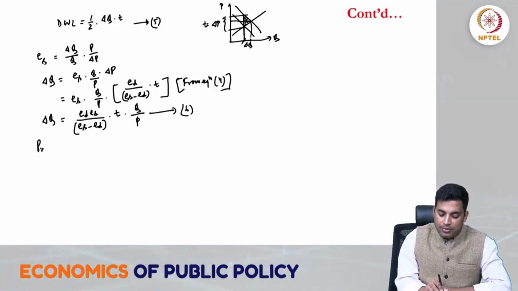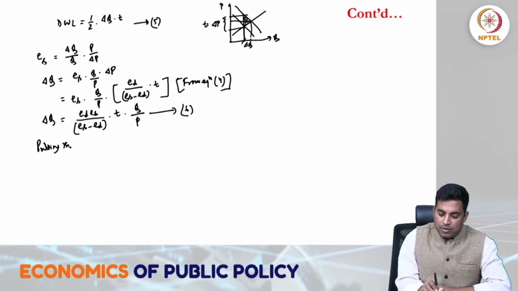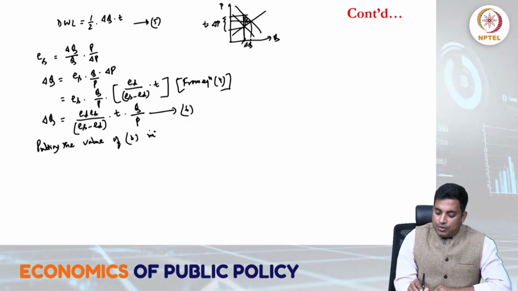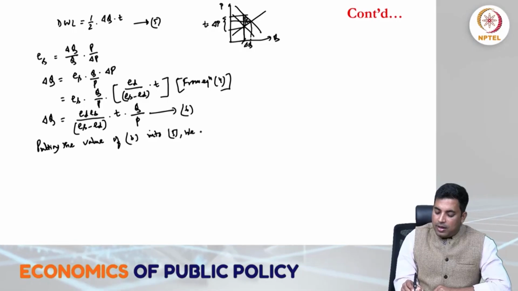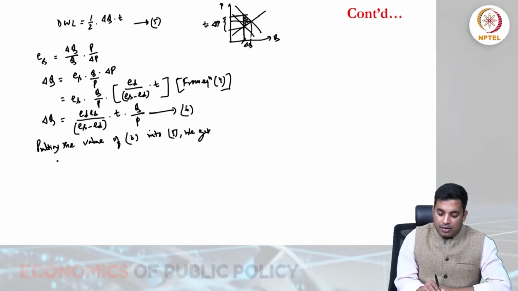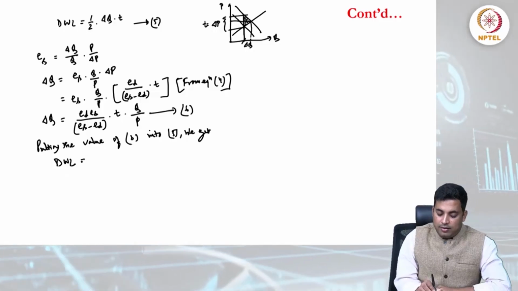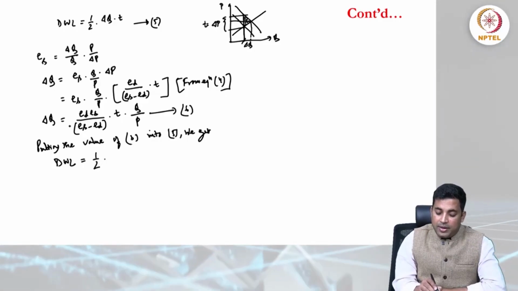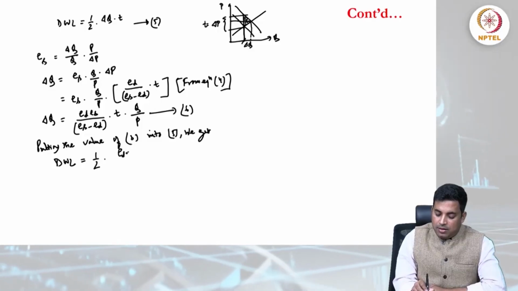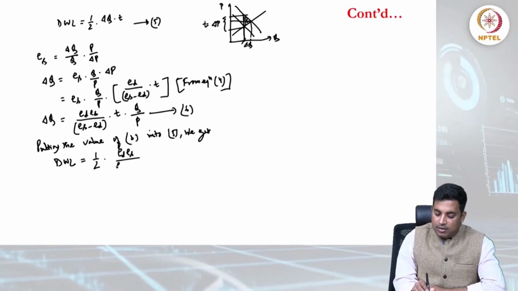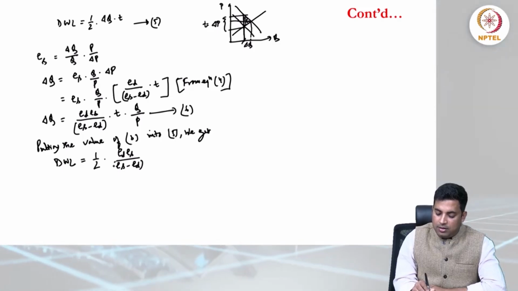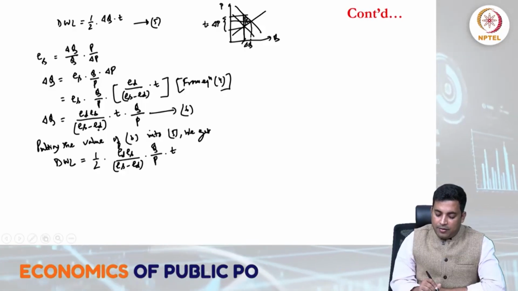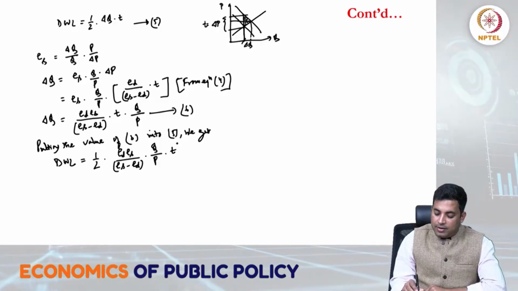Now putting the value of equation 6 into 5, we get DWL equals 1 by 2, the value of delta Q that we have, E_D E_S divided by E_S minus E_D, Q by P, T from here, and then we already have T, so that means T square.